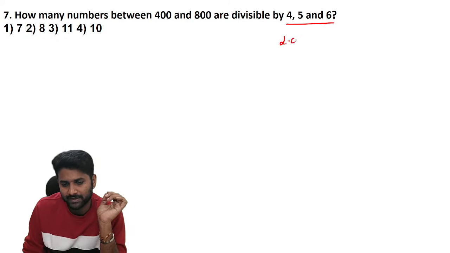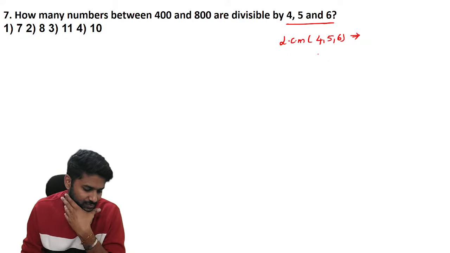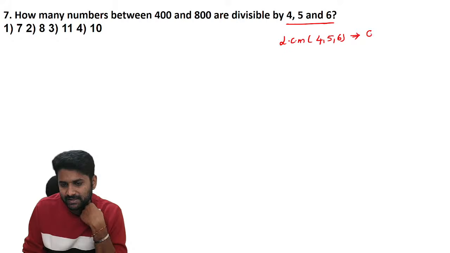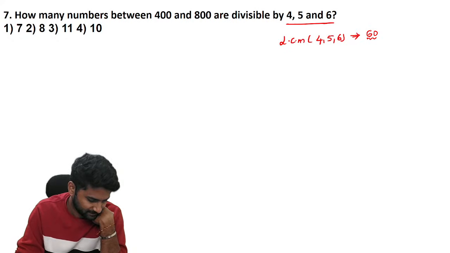Divisible by 4, 5, 6 means the LCM of 4, 5, 6. What is the common multiple of 4, 5, 6? Let's check with 60: 4 goes 15 times, 5 goes 12 times, 6 goes 10 times.